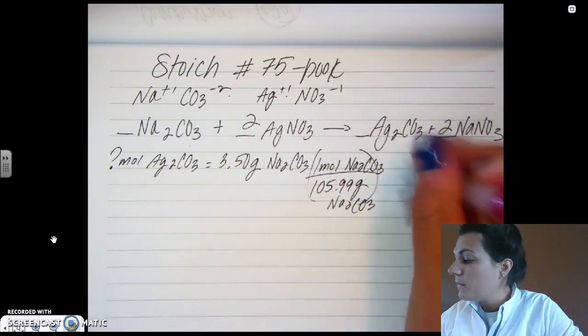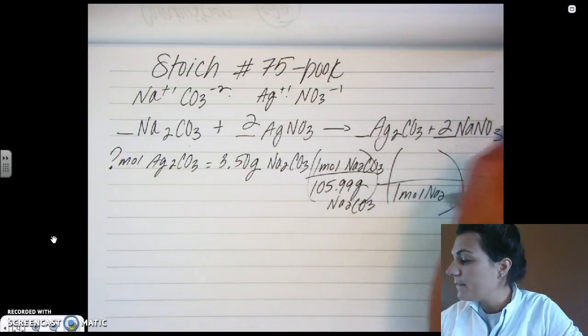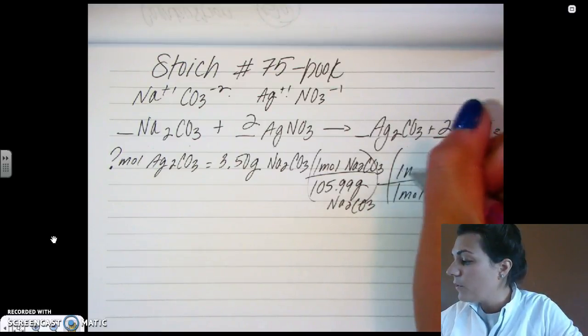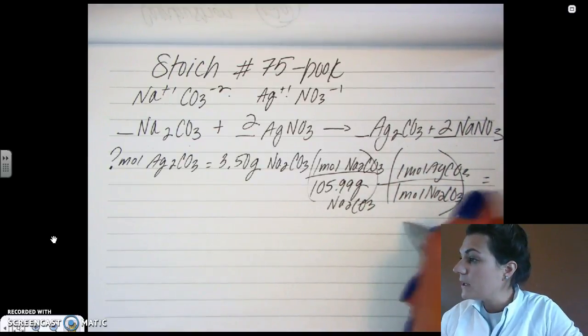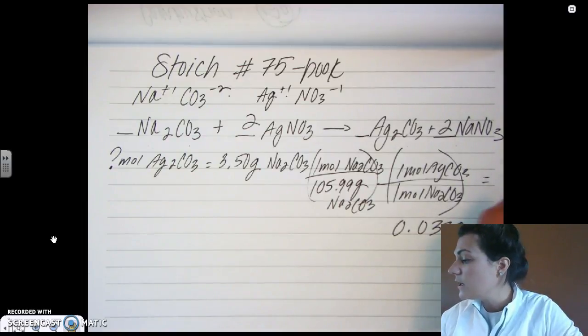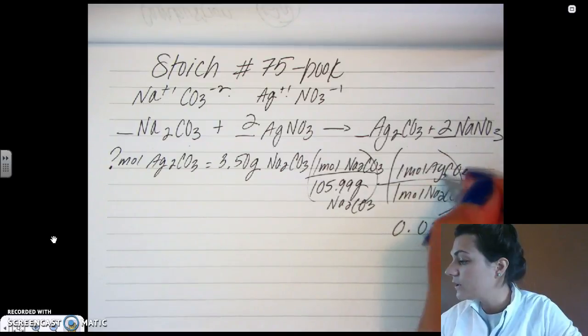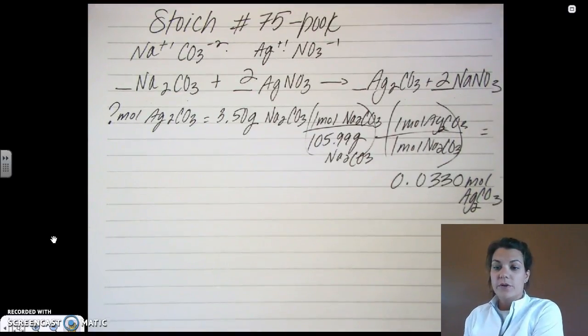Okay, and then my mole ratio is for every 1 mole of sodium carbonate, I have 1 mole of silver carbonate. So that's basically telling me that I'm going to be creating, and if I watch sig figs here, I need 0.330 moles of silver carbonate. Sorry, forgot the 2 there. Okay. Alright, so far so good.